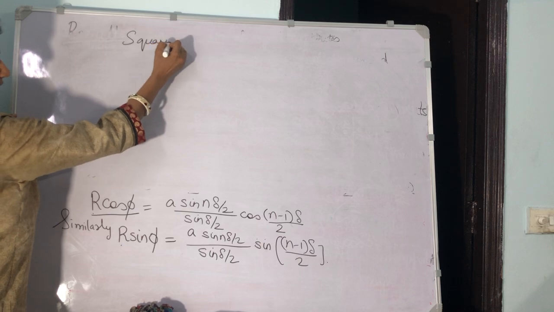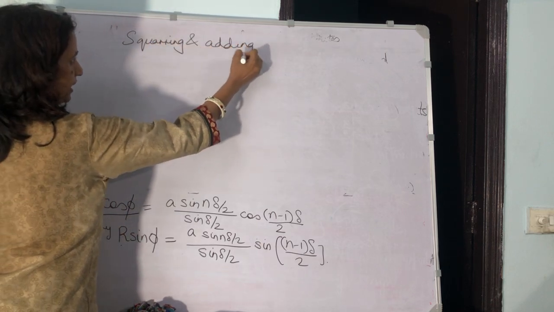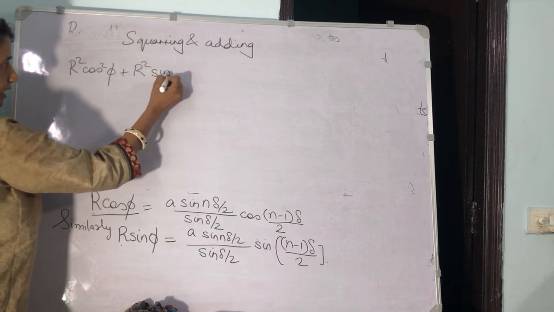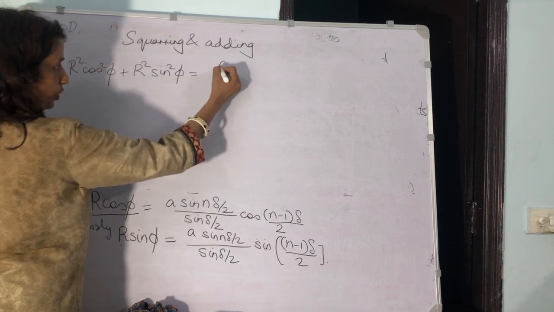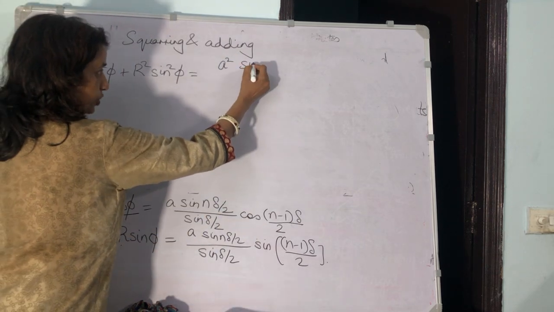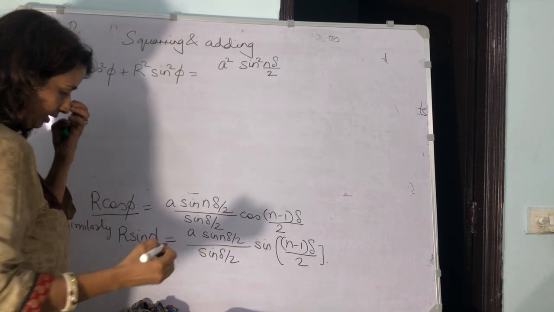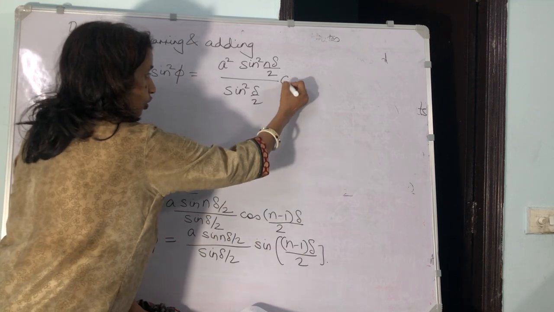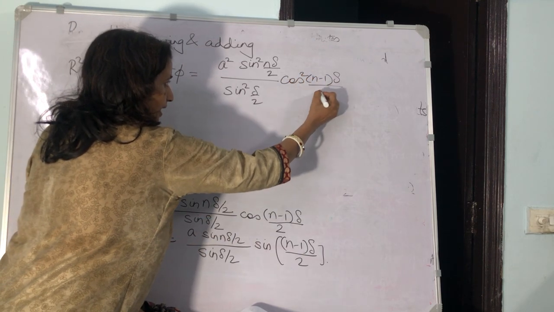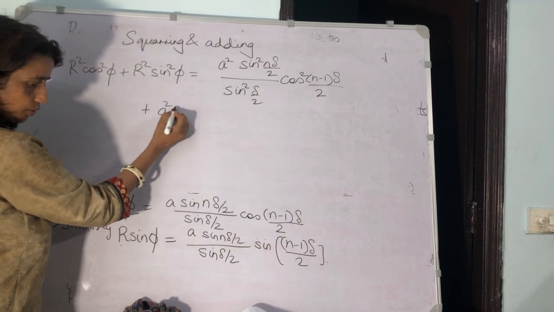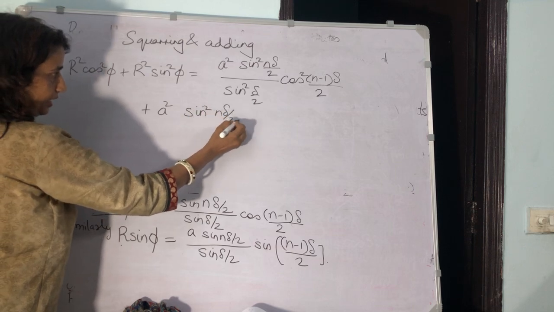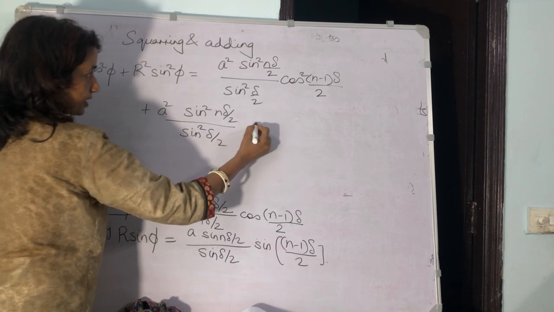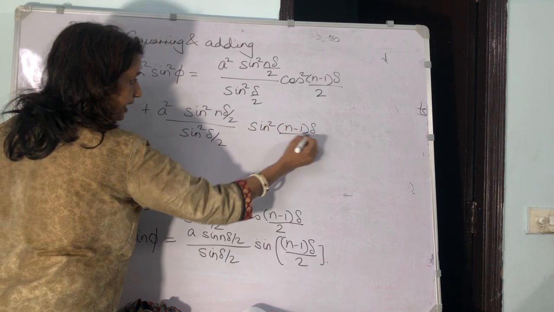Squaring and adding, we get r² cos² φ plus r² sin² φ is equal to a² sin²(nδ/2) upon sin²(δ/2) cos²((n−1)δ/2) plus a² sin²(nδ/2) divided by sin²(δ/2) sin²((n−1)δ/2).